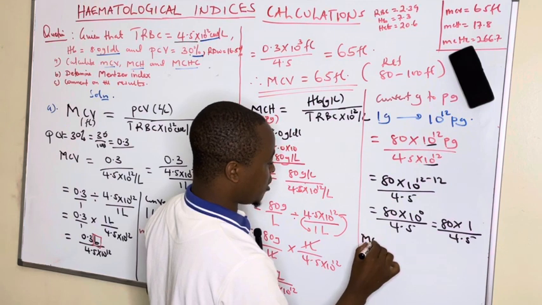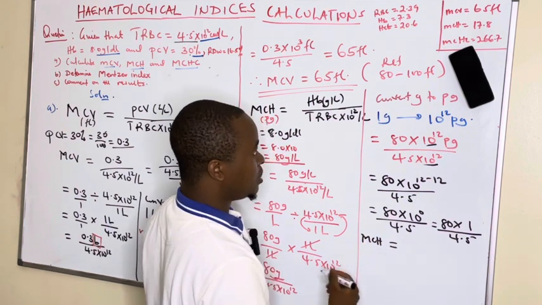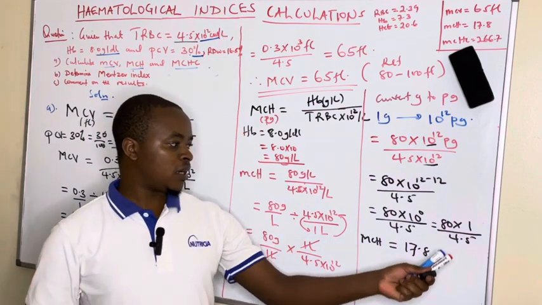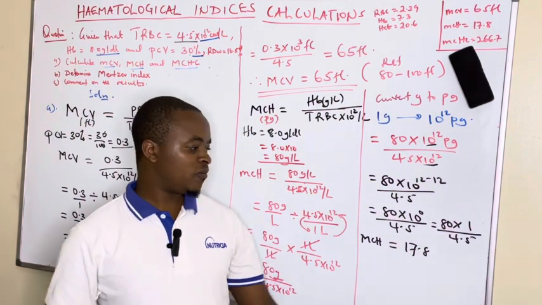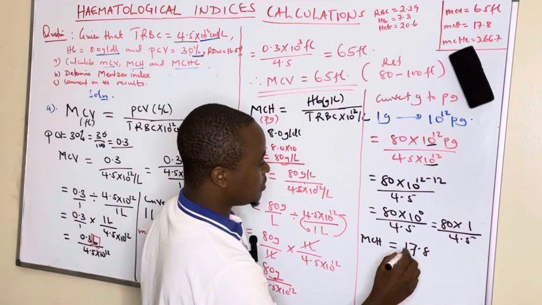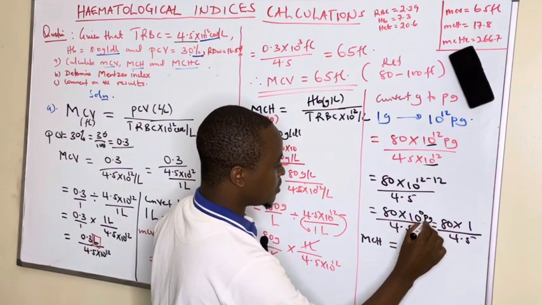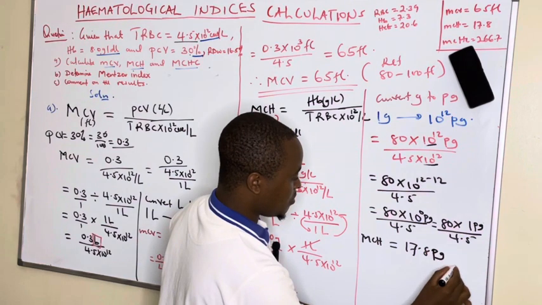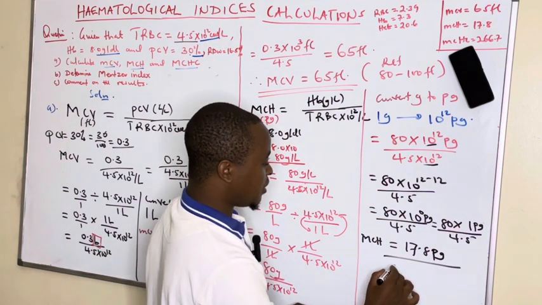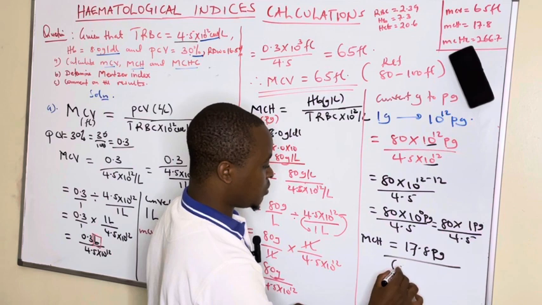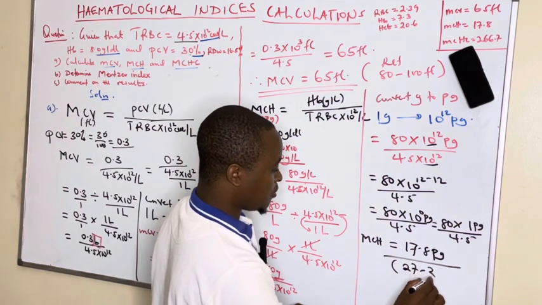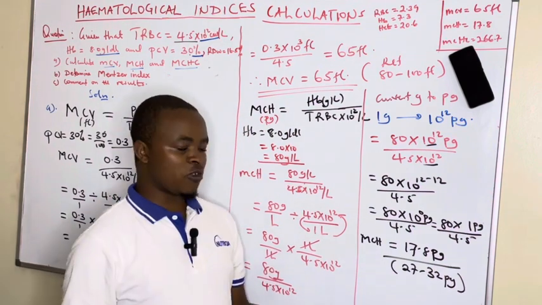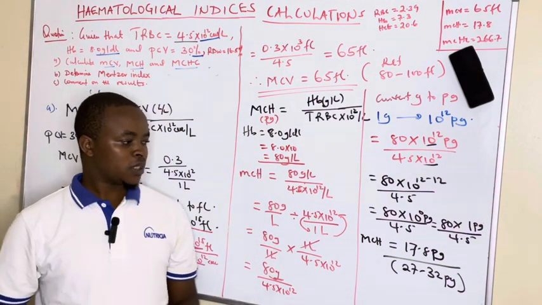If you put it on your calculator, you get 17.8. But remember, it is in picograms, and its reference range is always between 27 to 32 picograms. So this patient of ours has low MCH.